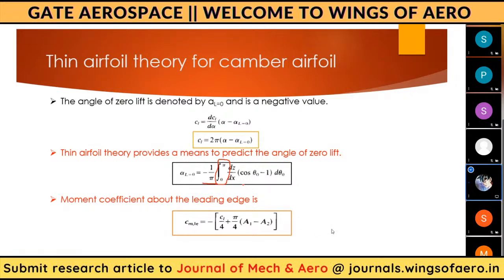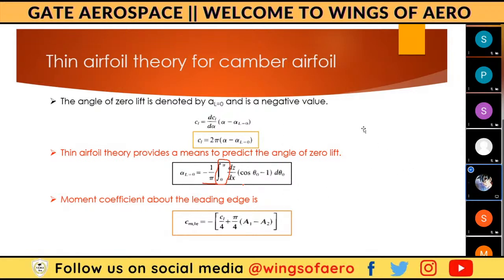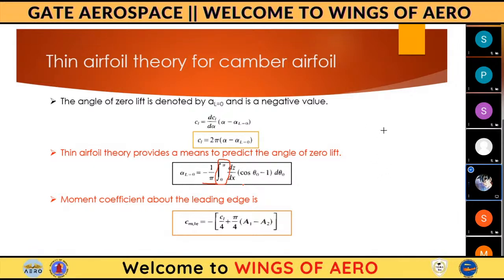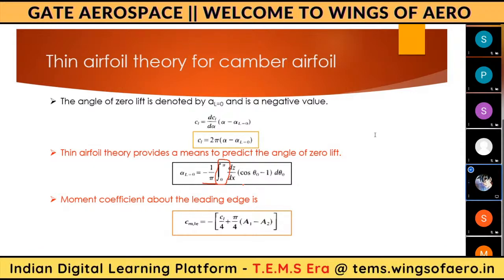And one more thing. Suppose they ask questions for a zero lift angle of attack for a cambered aerofoil, the answers will be in negative values only. It won't be in positive value. Okay. And the degree will be minimum.